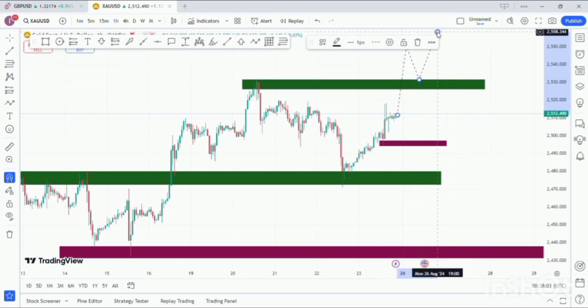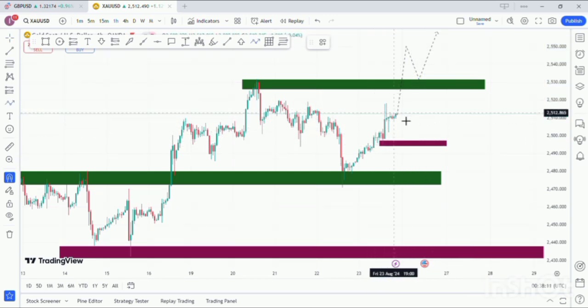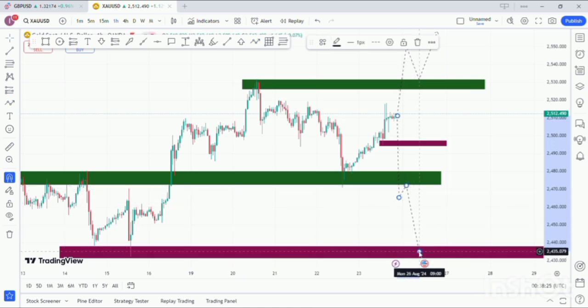On the flip side, if price decides to reverse from where it is, we'll be expecting price to move downward to break this newly formed support zone. Also break this support zone right here, this low right here, before continuing downward to the next support zone just below.